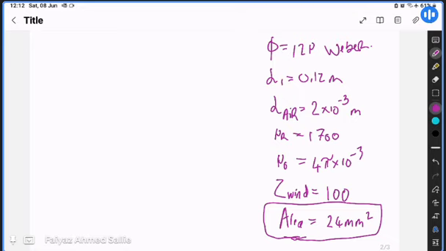Continuing with the explanation, instead of millimeters, they might give you centimeters or micros or picos or hectares, so it's best to know your engineering notation.